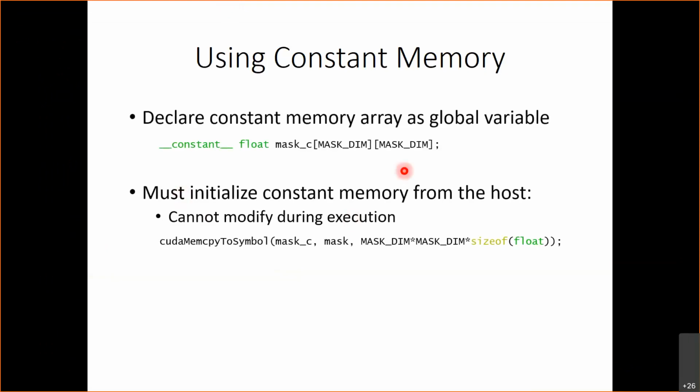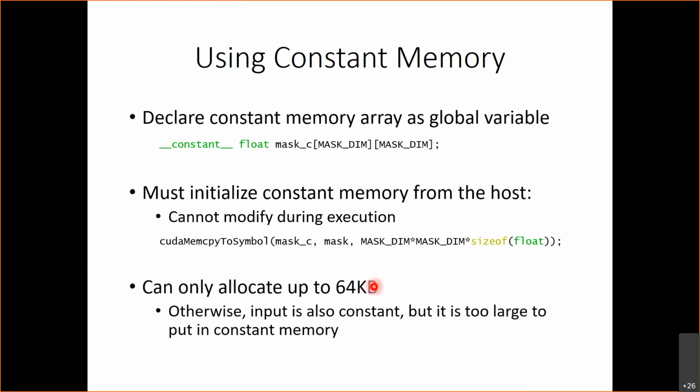Now there's a catch with constant memory, and that catch is that we can only allocate 64 kilobytes of constant memory. This is important because, if you remember our matrix multiplication, our whole input matrix A and our whole input matrix B are constant, right?